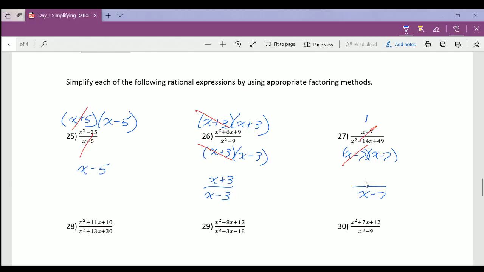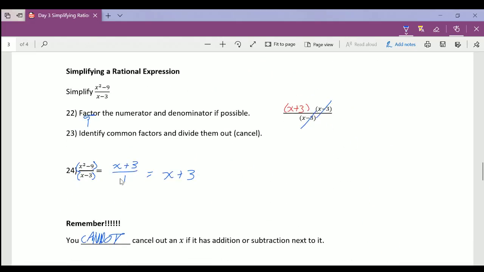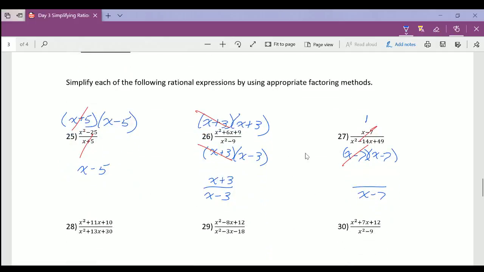So just like, let's see, right here, we put it over 1 when there was something left, but it really didn't matter. Well, here, it really does matter. We have a denominator. Well, if you have a denominator, you do need to have a numerator, and in this case, it's going to be 1. So we've got 1 over x minus 7.